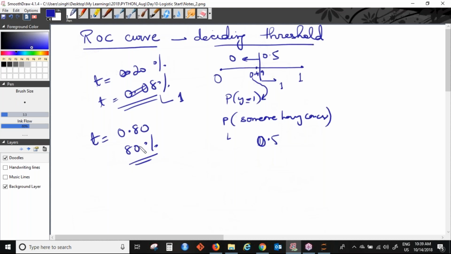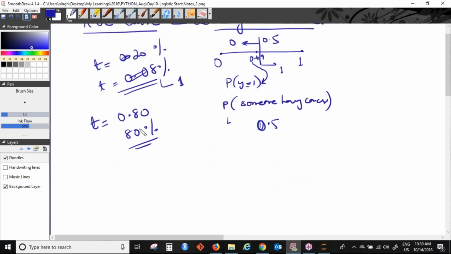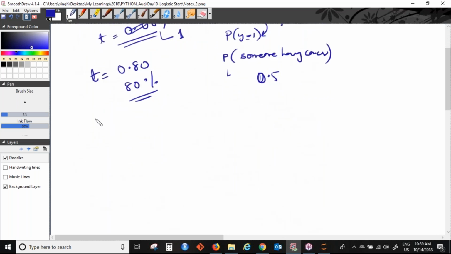Now, why would we have a threshold of 80%? Let's say a company is very low on budget, or let's say you are the CEO of a company and you have built an employee churn model. An employee churn model predicts which employee is planning to quit, who has not quit yet but is planning to.